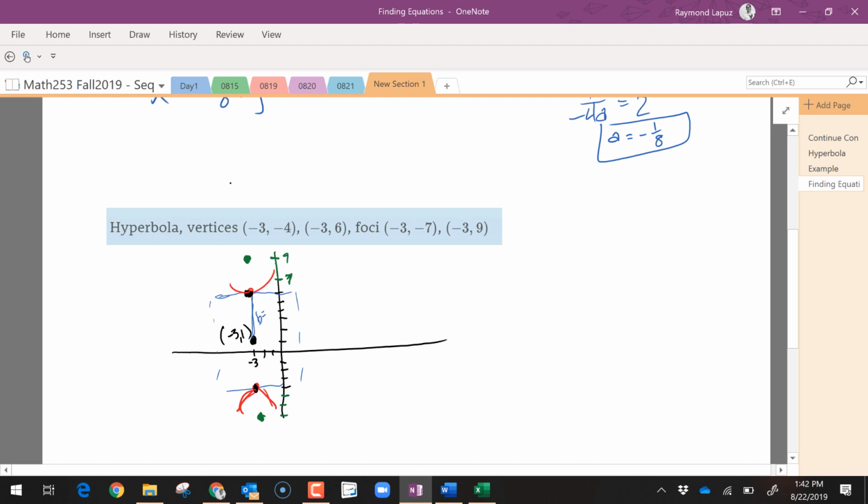What is it? 5, right? From the vertex to the center. Which one's negative? X is negative. Opening up and down, x is negative.